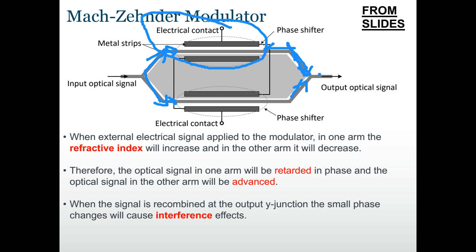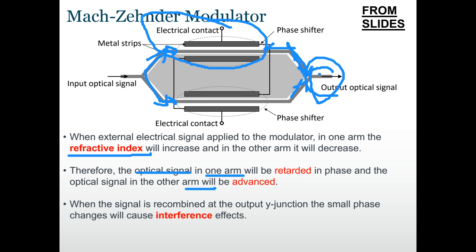If we come back to the slides, for the first level of the MZM, first of all, what we want is to change the refractive index of the 2 arms, so that the optical signal in one arm would be faster and in the other arm would be slower. Then the signals would combine again as the output, and the 2 signals from 2 arms would interfere.